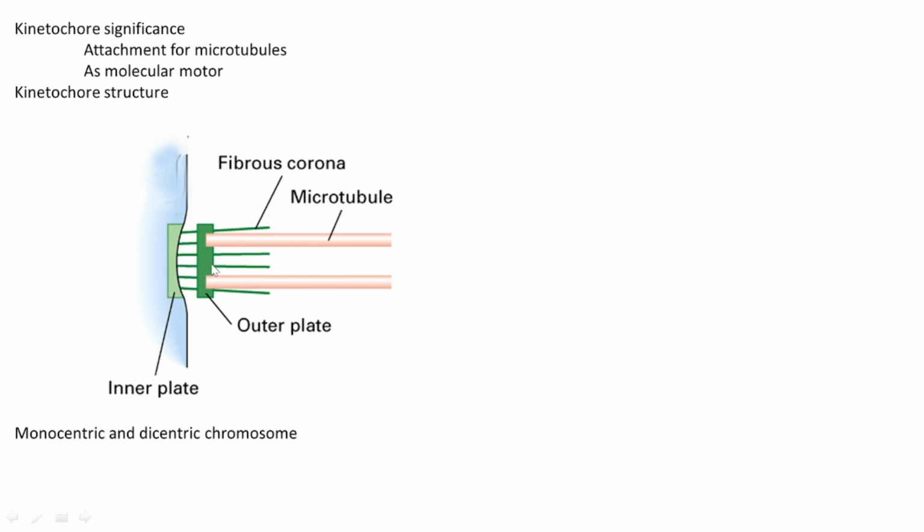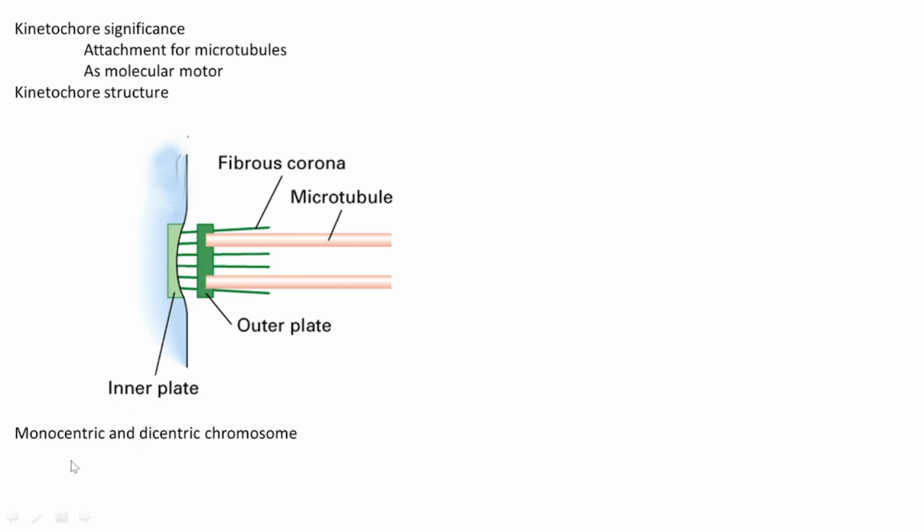And this outer plate contains so many fibrous materials, and it also provides an attachment site for motor proteins that help in chromosome movement during different stages of mitosis. In that way we can say that the outer plate of kinetochore is highly dynamic. Dynamic means always moving, it is not static.